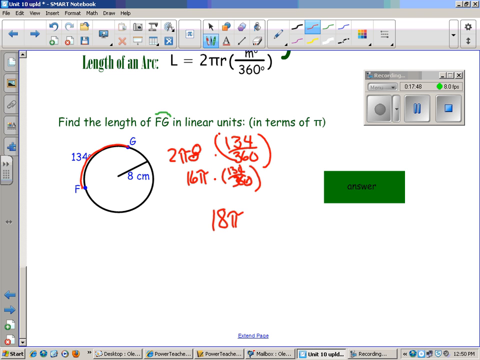Okay, so 18.7 pi. Let's do the 7. So we did 16 times 134 divided by 360. My brain does not want to believe you. I get it though. 18.7. And then 5.9 pi? 5.955.